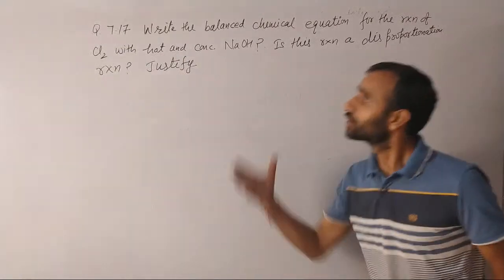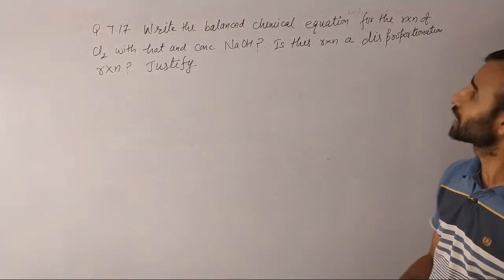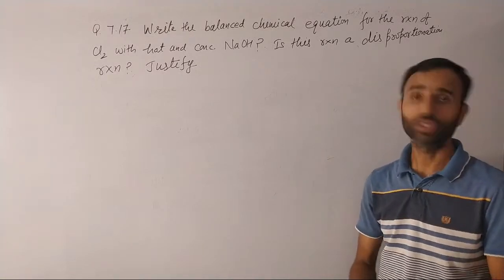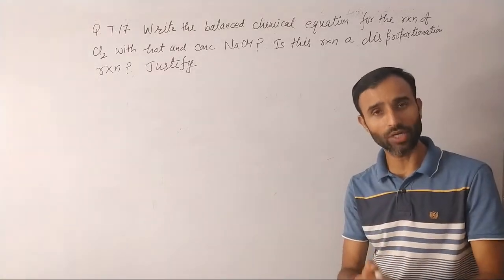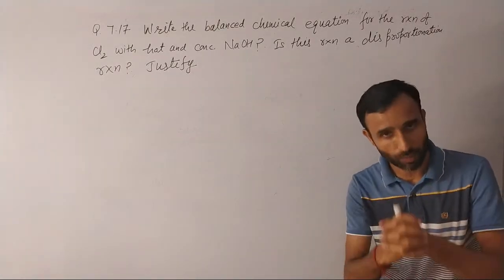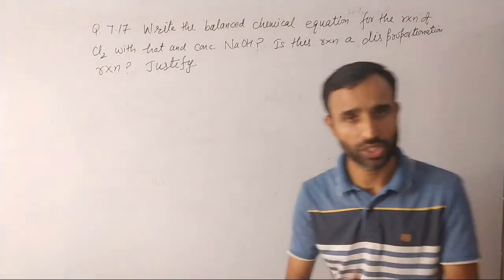So, write the balanced chemical equation for the reaction of chlorine with hot and concentrated sodium hydroxide, and is this reaction a disproportionation reaction? Justify. So first of all, what is a disproportionation reaction?